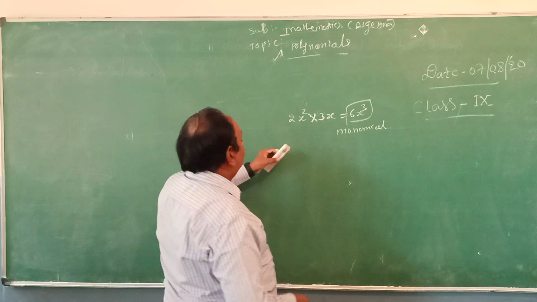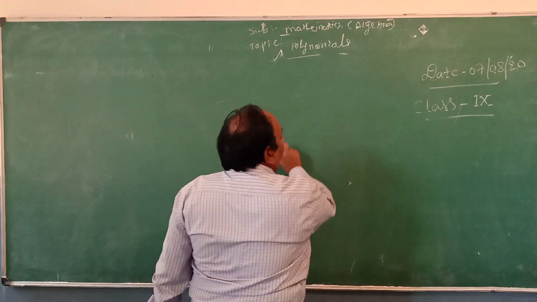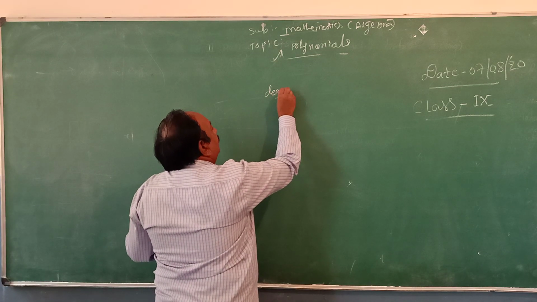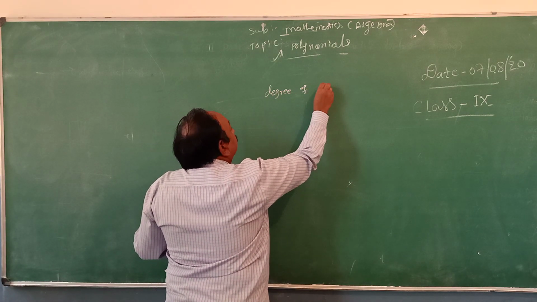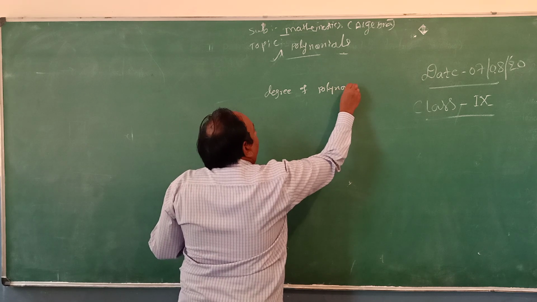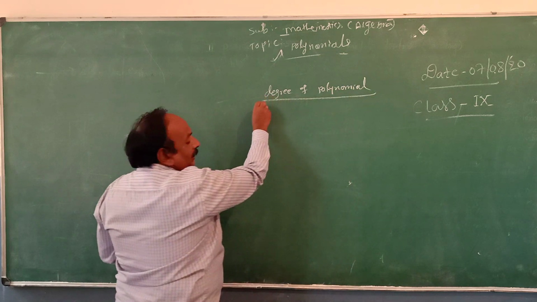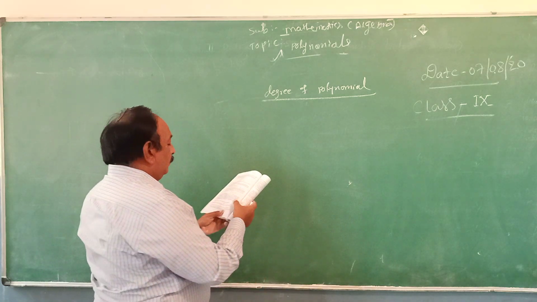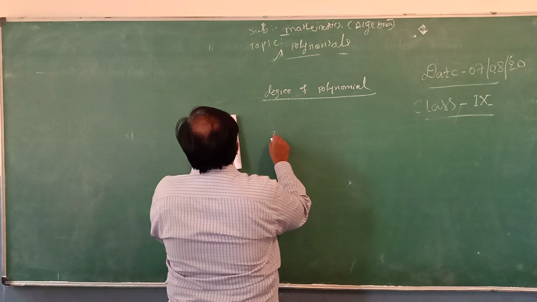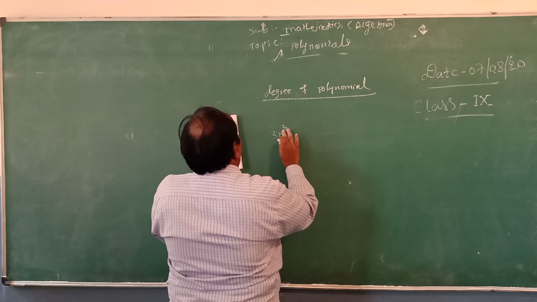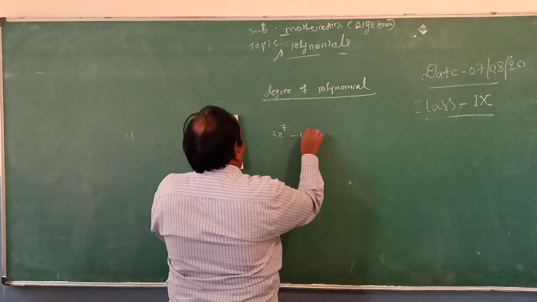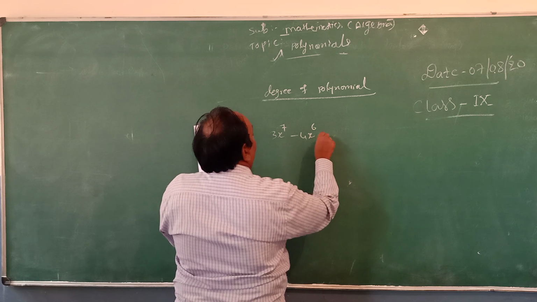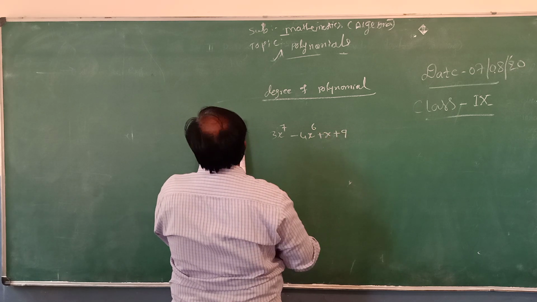Next one is degree of the polynomial. First one is 3x to the power of 7 minus 4x to the power of 6 plus x plus 9.